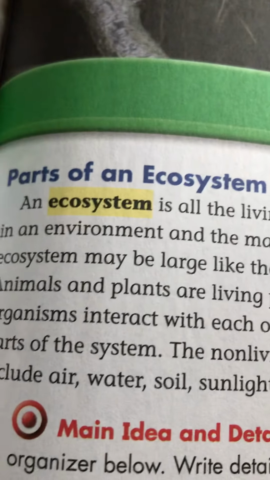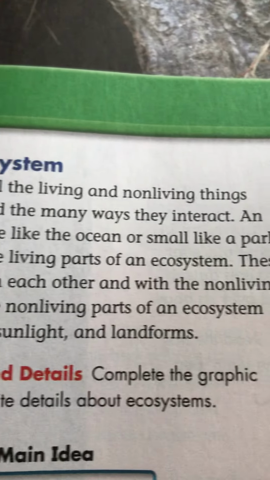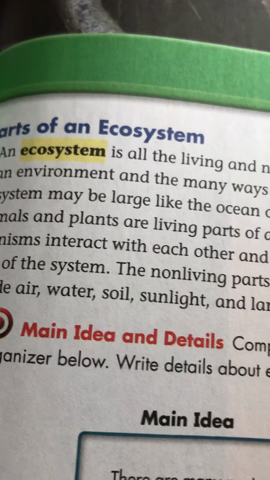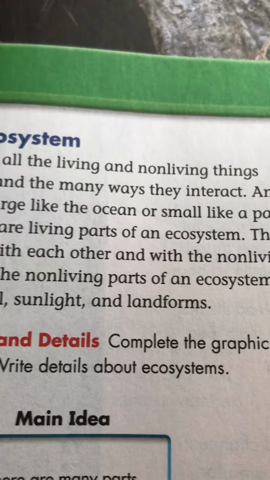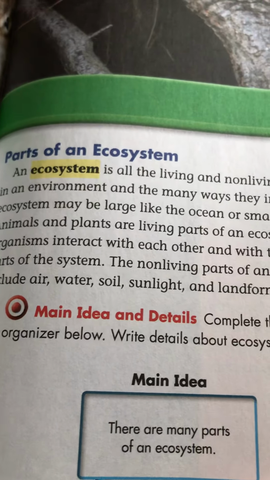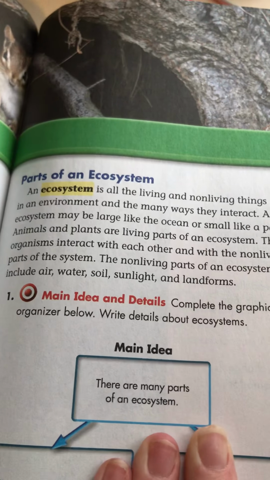Parts of an ecosystem. An ecosystem is all the living and non-living things in an environment and the many ways they interact. An ecosystem may be large, like the ocean, or small, like a park.